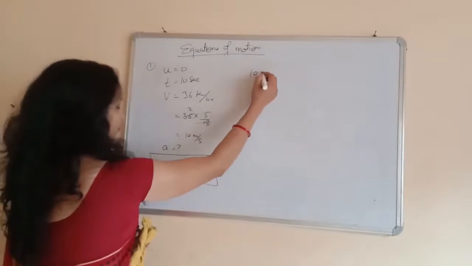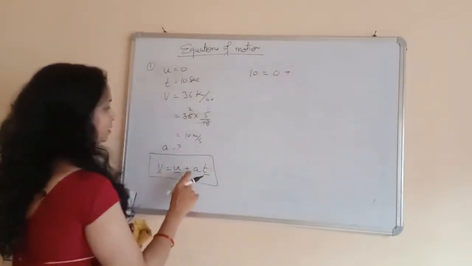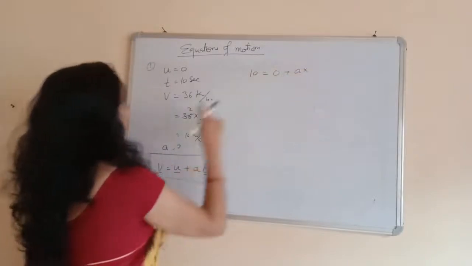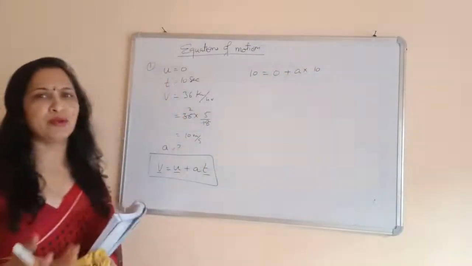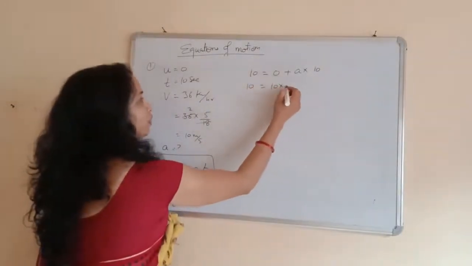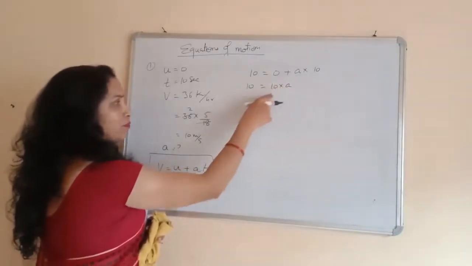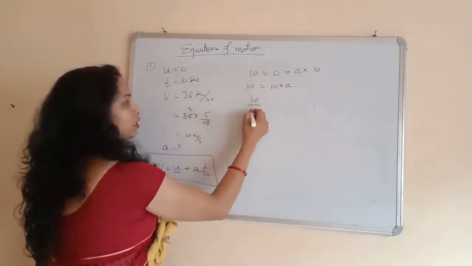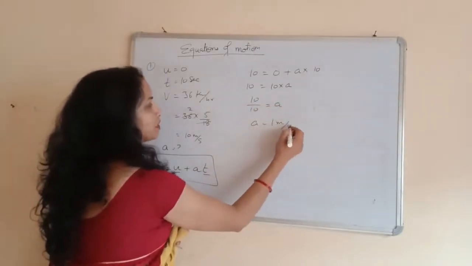V is 10, is equal to u, which is 0, plus a, which we have to find, times the time, which is 10 seconds. We can solve it like the linear equation we solve in maths. So 10 is equal to 10 into a. Then for finding the value of a, the 10 will come in the divisor. So a is equal to 1 meter per second square.